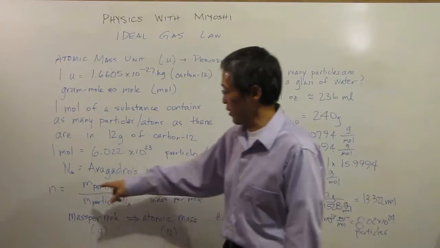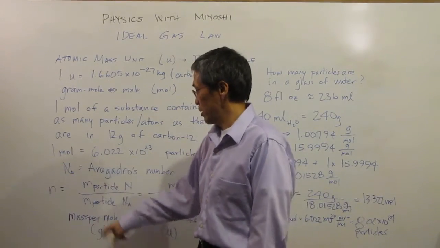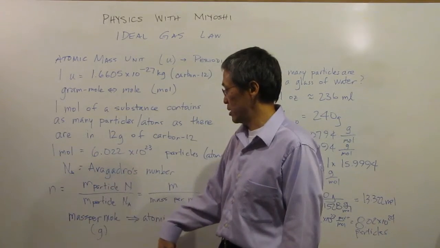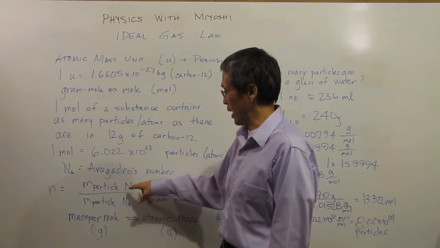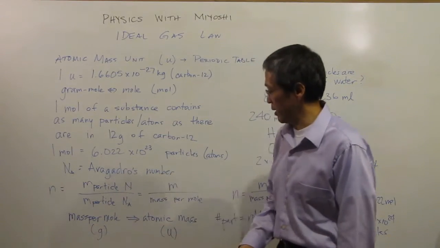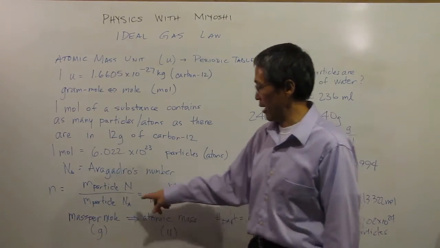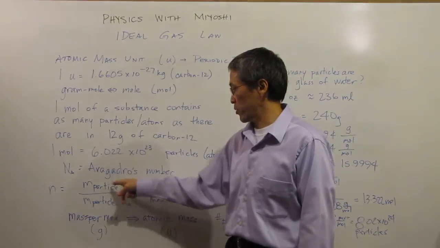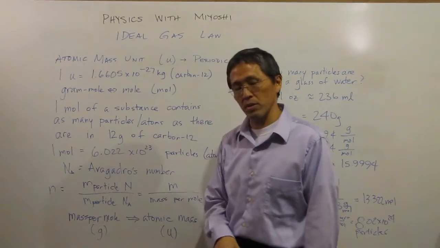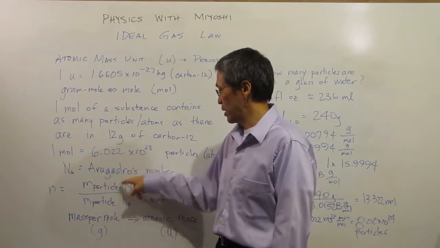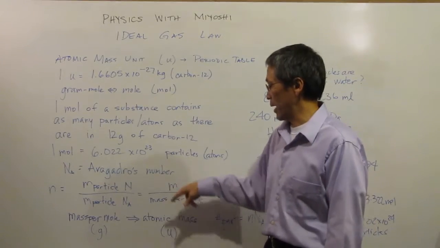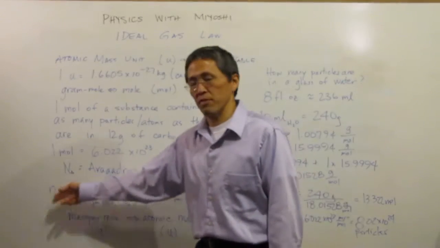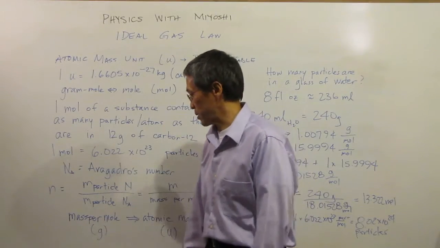We can also figure out the number of molecules by knowing the mass of the particle and how many molecules there are in Avogadro's number. If we multiply the particle mass times the number of particles, we end up getting the mass. And if we divide that by the mass per mole, we can find the number of particles in any substance that we know.